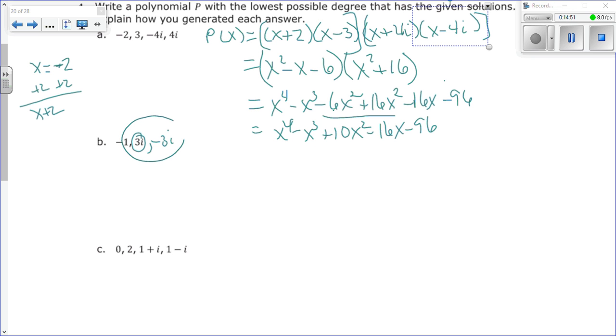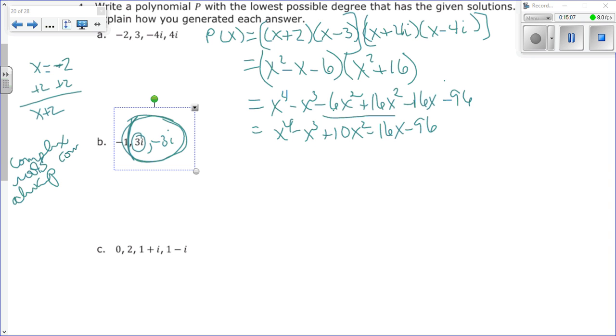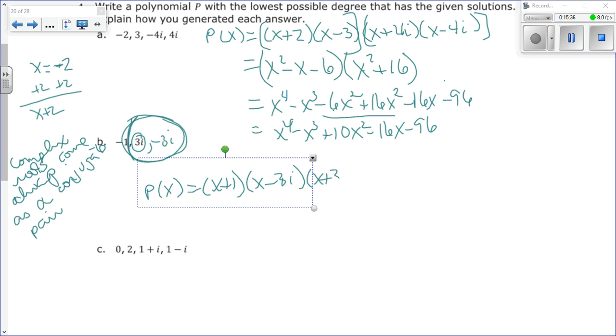So complex roots would mean that my p of x here would be x plus 1, and then x minus 3i, and x plus 3i.